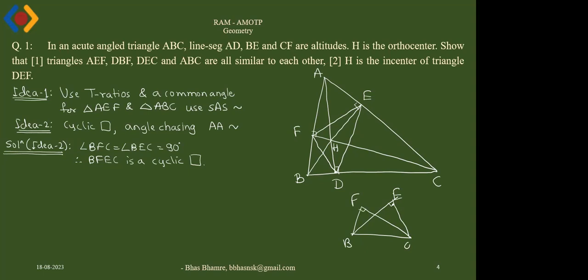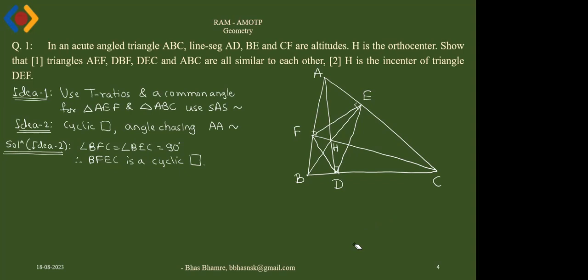If you have that opposite angles are supplementary, no, I am not using that part. I am using something different. If you do not know this, ask me why it is so. If not, then I consider that you understood this. Great, all understood. Nice. So BFEC is a cyclic quadrilateral.